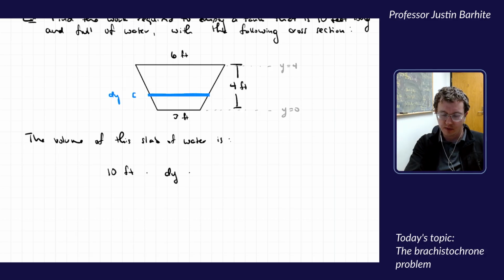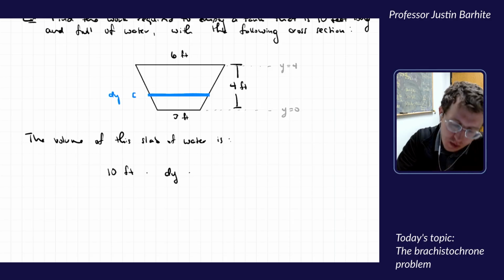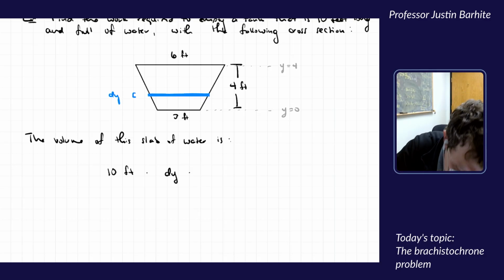One is it's sort of a weighted average of 3 and 6, where the weight depends on how far up the tank you are. There's a nice geometric approach based on similar triangles.